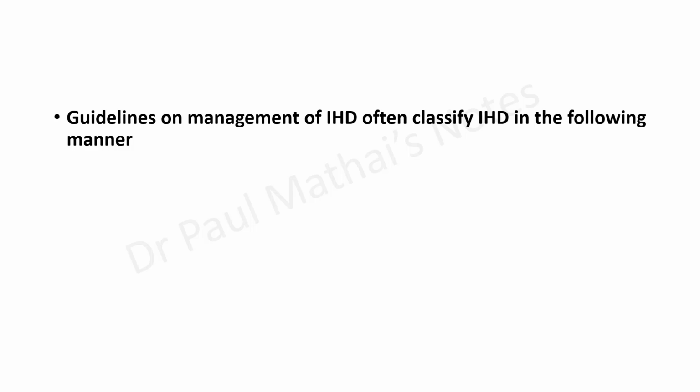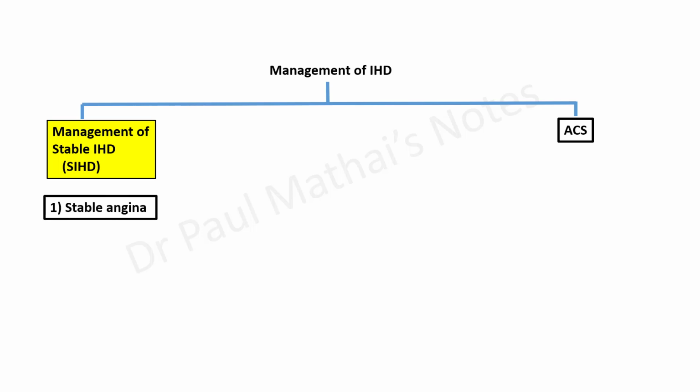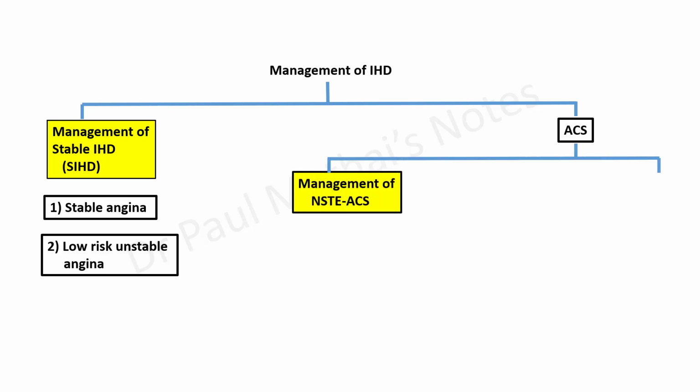Guidelines on the management of ischemic heart disease often classify ischemic heart disease into management of stable ischemic heart disease and management of acute coronary syndrome. Stable ischemic heart disease includes both stable angina and low risk unstable angina. Acute coronary syndrome includes the management of non-ST elevation ACS and management of STEMI.